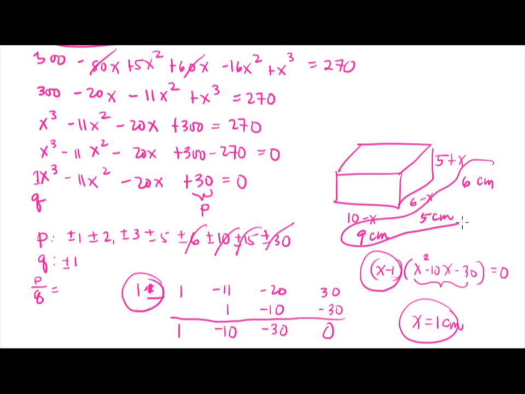So these are the answers to the problem. You can write it in a sentence: the dimensions of the second box should be 9 centimeters by 5 centimeters by 6 centimeters.